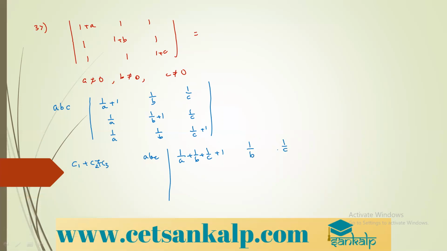C2 will not change, C3 will not change. 1 by A plus 1 by B plus 1 by C plus 1. 1 by B plus 1, 1 by C. 1 by A plus 1 by B plus 1 by C plus 1, 1 by B, and 1 by C plus 1. This is what I have.